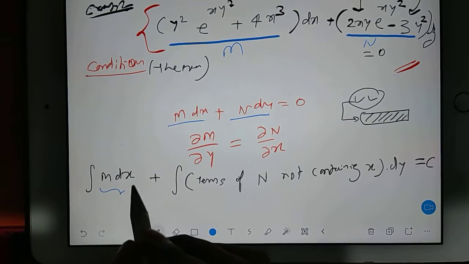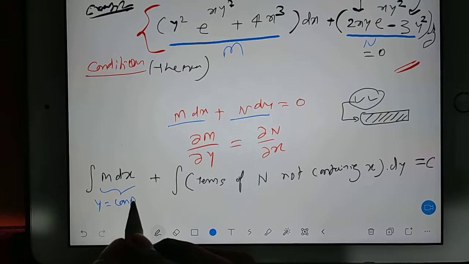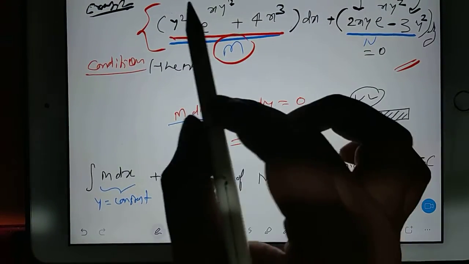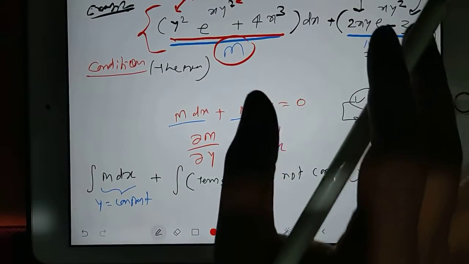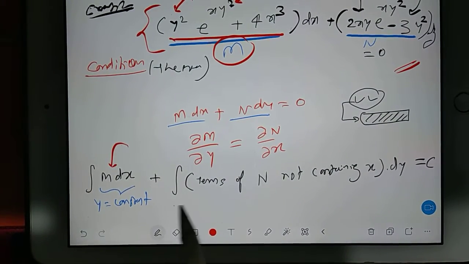In the first term your condition is that you have to keep y constant. This is your M term, and here you have y, here you have y. These y's you will treat as a constant and do simple integration with respect to x. Plus the second part.